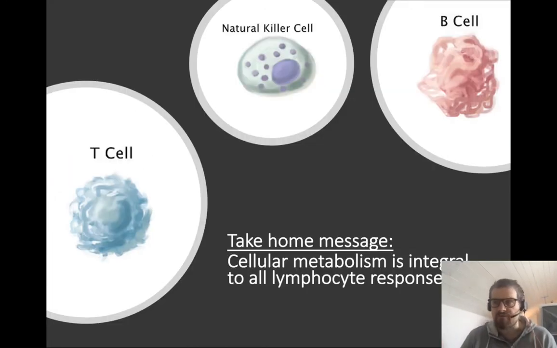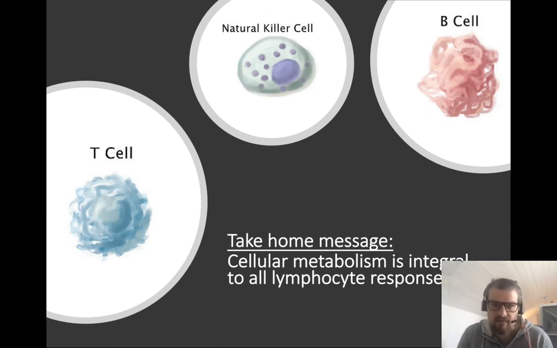Okay, I hope I've brought you through these three lymphocyte populations, some in more detail than others. I talked about NK cells most because we've worked on them most, and I can show you some primary data. But the take-home message is that cellular metabolism is different in all these subsets, but it's also integral to all the responses of these lymphocytes. So we really need to consider the metabolic configuration of these cells, and the metabolic regulators are important.